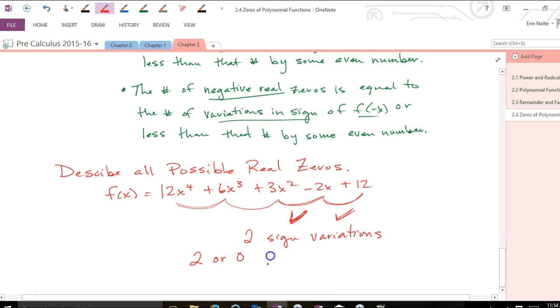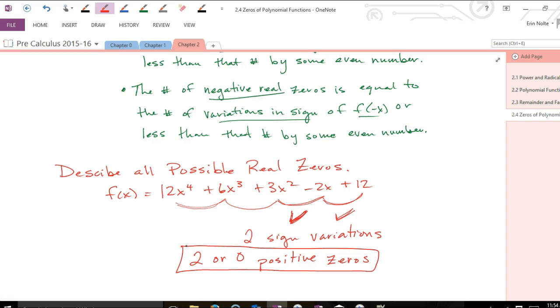So there could be 0 positive zeros. A very simple test on this one. So there could be 2 positive zeros, or potentially there might be no positive zeros. You'd have to graph it to see it, or test numbers in there. But I would probably use a calculator in this century.